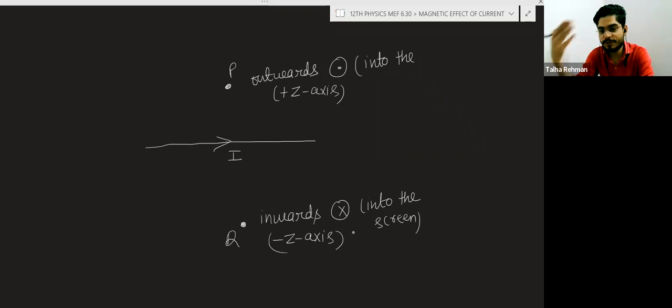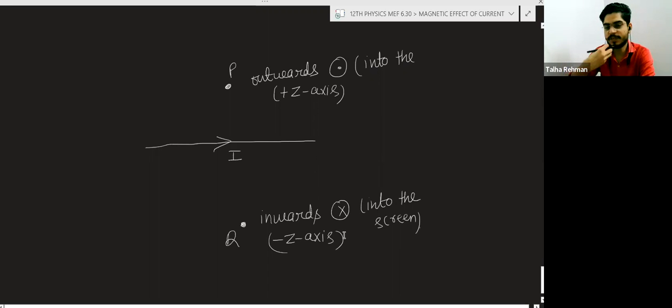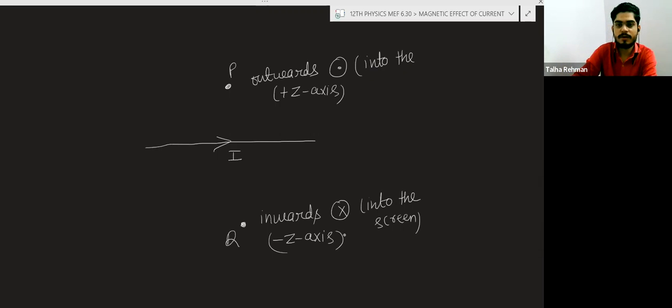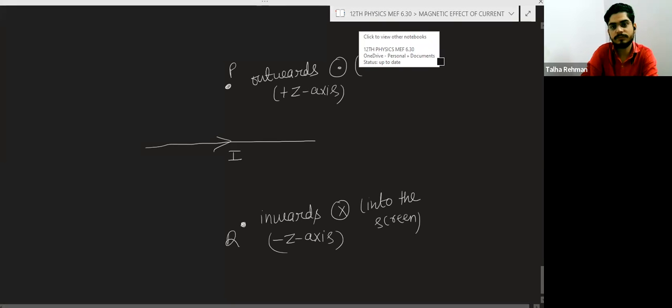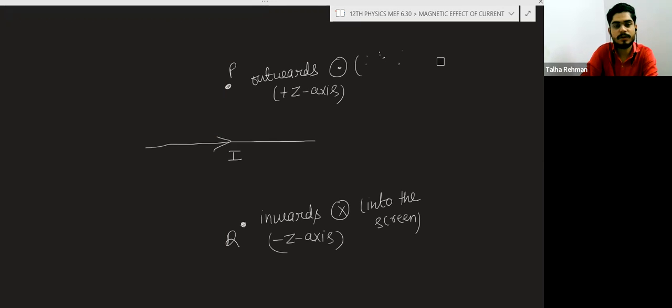or you can say away from the reader. You can also say away from the reader, observer, or out of the screen. Out of the screen is positive z axis. On paper, when you will solve this question, the same thing will be repeated.